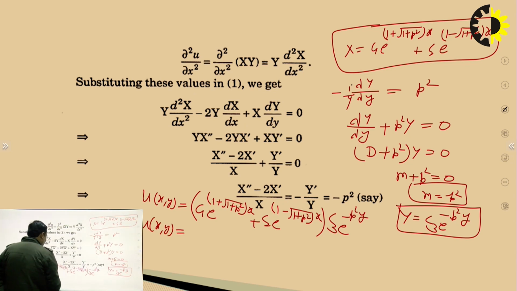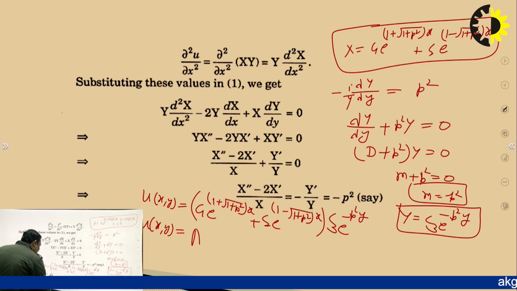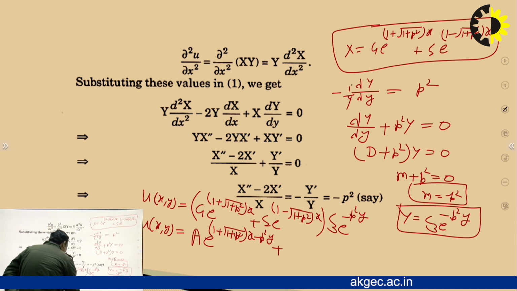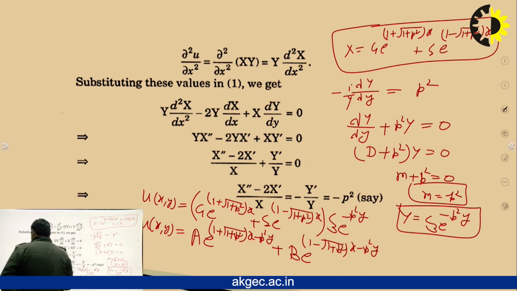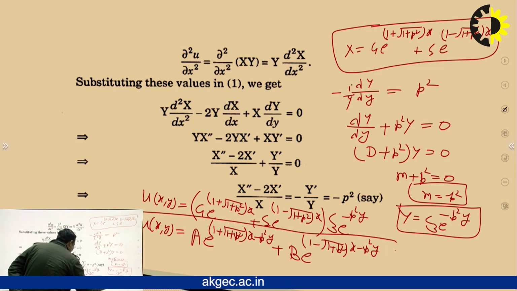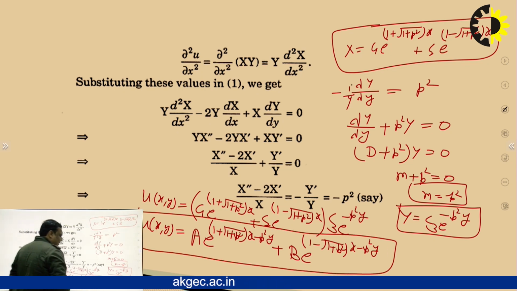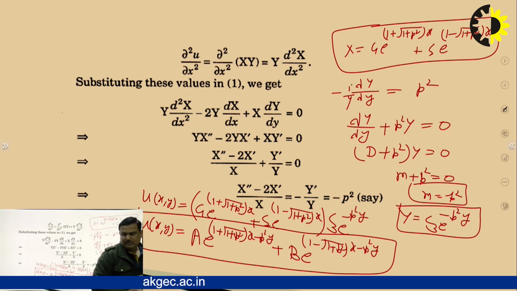Multiplying all constants, the final solution is u equals A e to the power (1 plus under root 1 plus p²)x minus p²y plus B e to the power (1 minus under root 1 plus p²)x minus p²y. This is the final solution of this second order differential equation by the method of separation of variables.